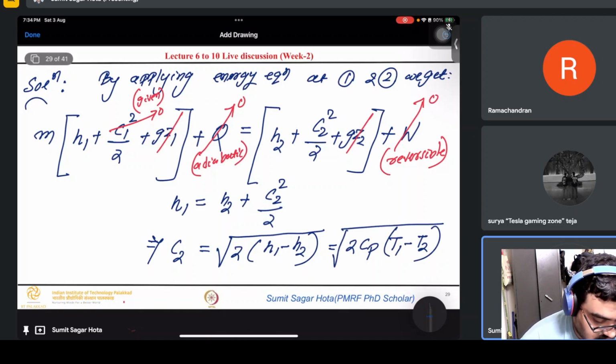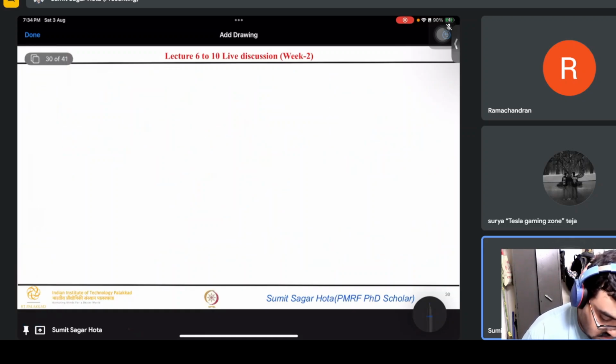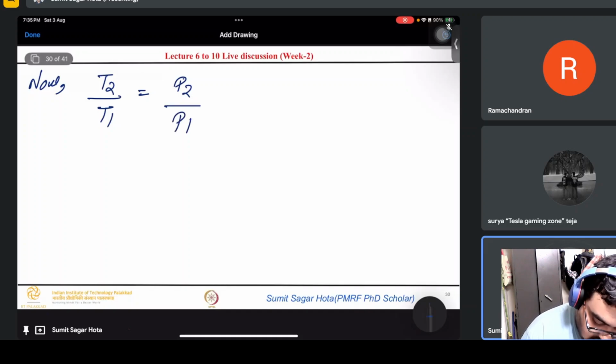Obviously we are assuming the flow as isentropic. Most of the questions will assume this, especially for the nozzle, and for that T2 by T1 is equal to P2 by P1 whole to the power gamma minus 1 by gamma.